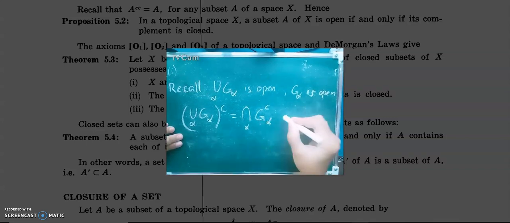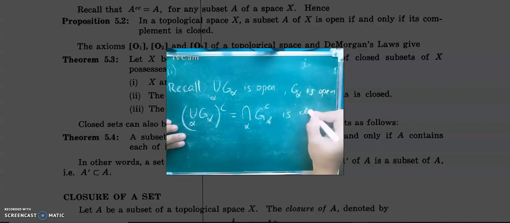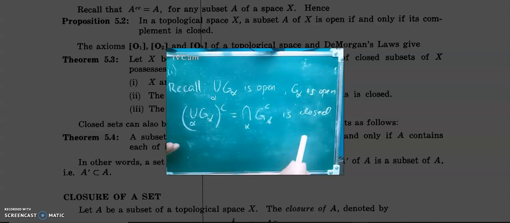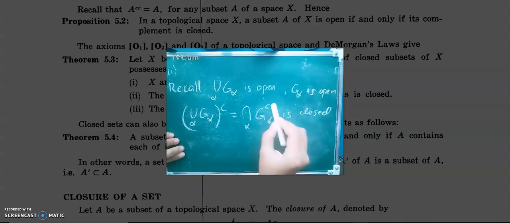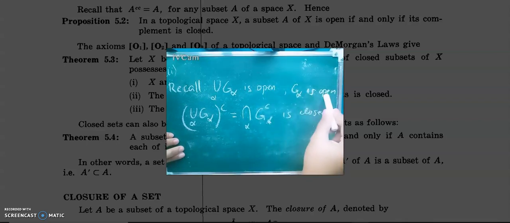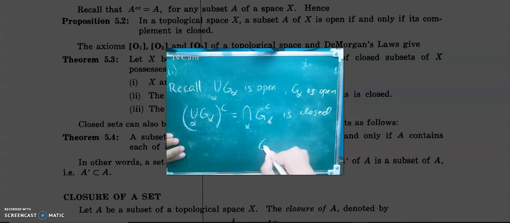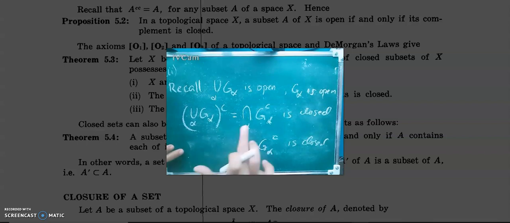So this is closed, because we are getting the complement of an open set, so the complement is closed. And as you observe, because each G alpha is open, each G alpha complement is closed. So here we have shown that the intersection of any closed sets is closed. So we're done showing the second.